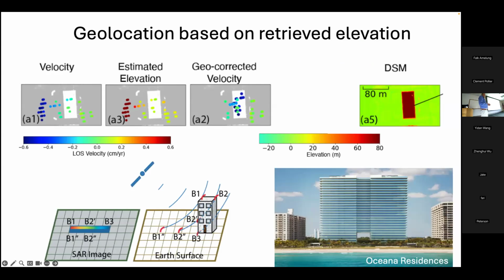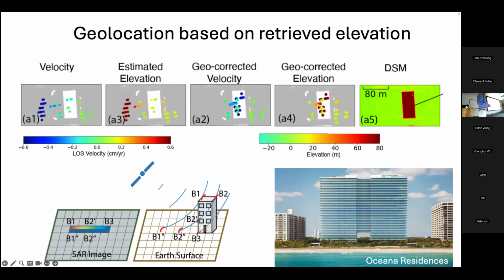So if we have the estimated elevation, we can correct the location of the pixels, and then they show up on the building. That's the velocity. That's good, but there's quite some difference. Some of them show 0.6 centimeters per year of displacement, and others don't show anything. That was really surprising and I tried to understand it. And you can't make any mistakes, as people are living there.